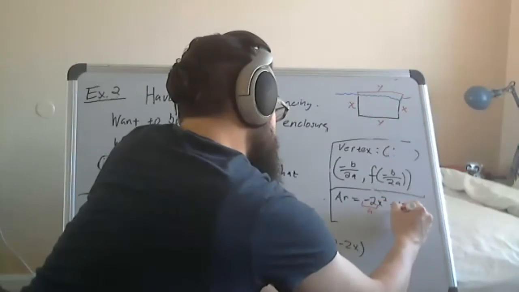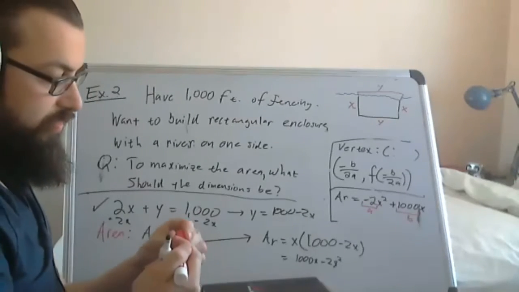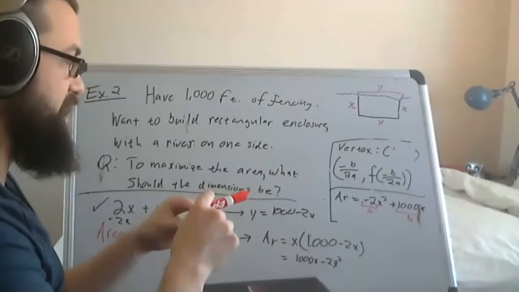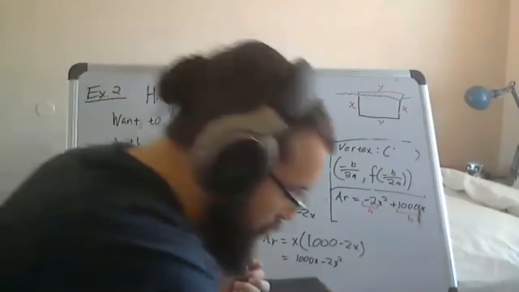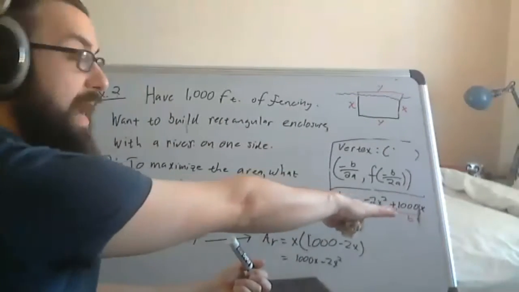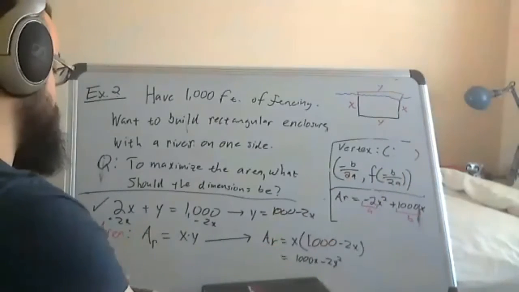Here's our A. Here's our B. Once again, we're trying to maximize area. We have our area all out in one variable. Let's figure out the vertex.